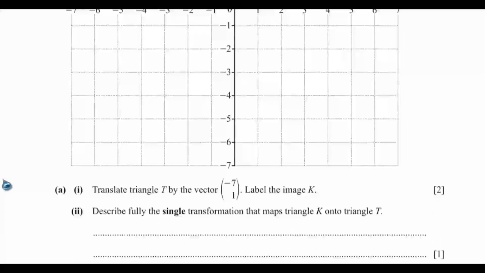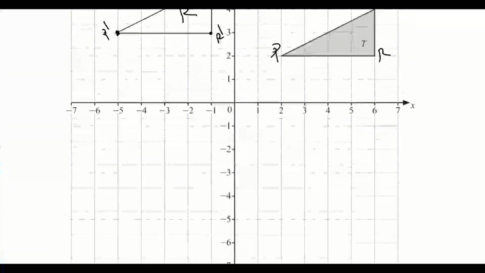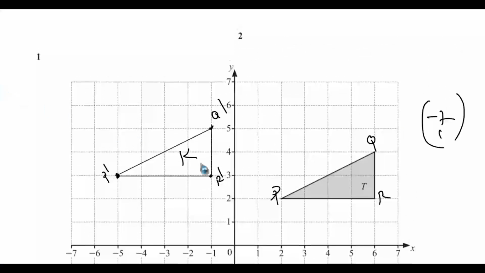Describe fully the single transformation that maps triangle K onto triangle T. So K onto triangle T will still be translation, okay, but it will be opposite to this. Okay, it will be x equals 7 and y equals -1.